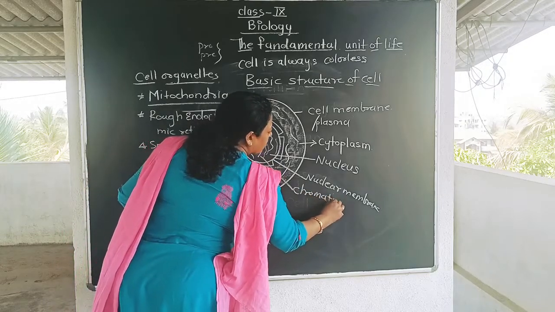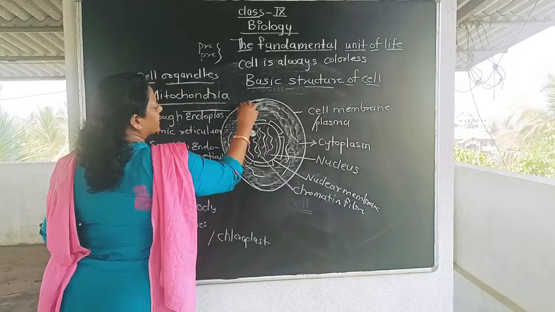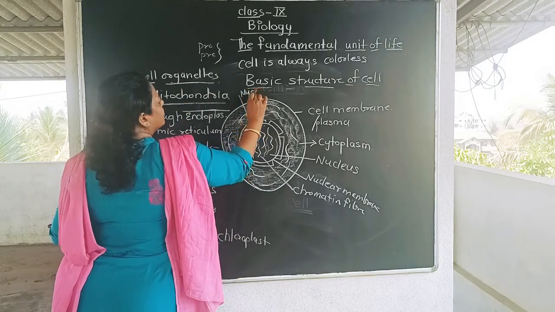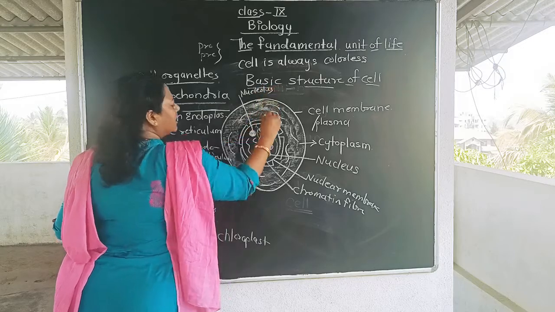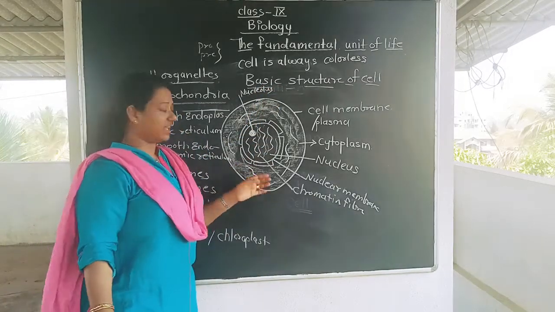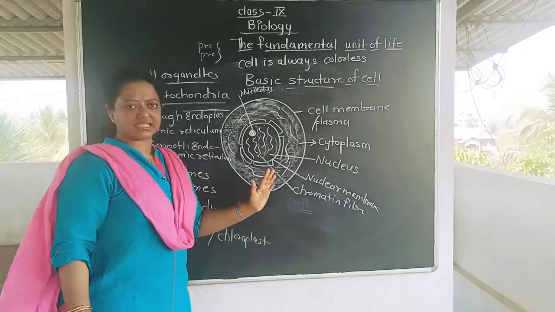What is it called? Chromatin fiber. And you can see this dark-colored part, that is called the nucleolus. You'll get to know everything in detail when I go for the nucleus. So this is all about the basic structure of the cell.